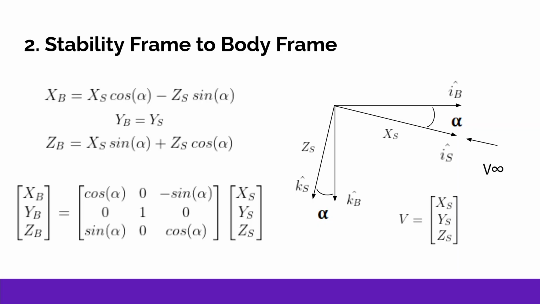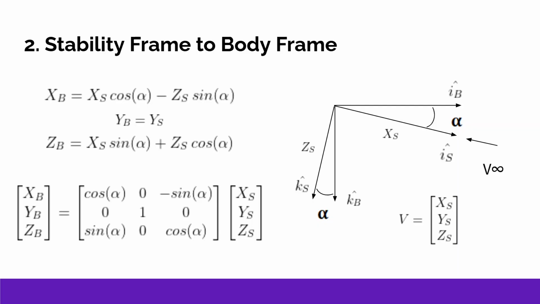That part doesn't change. The projection of ZS onto KB is going to be ZS cosine of alpha. And here again, the direction of that projection is going to be in the same direction as positive KB, so it is a positive contribution. And finally, the projection of XS onto KB is going to be XS sine of alpha, and because the direction of that projection is going to be in the same direction as positive KB, it is going to be a positive contribution.